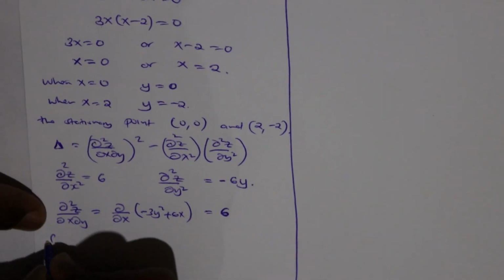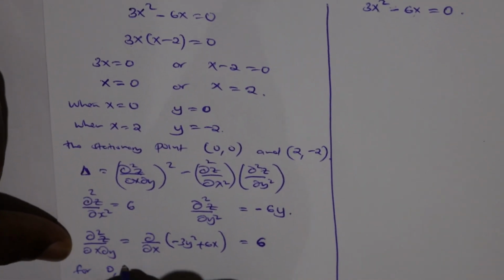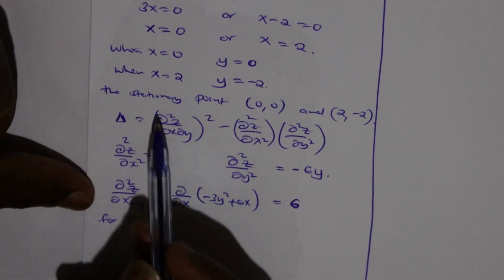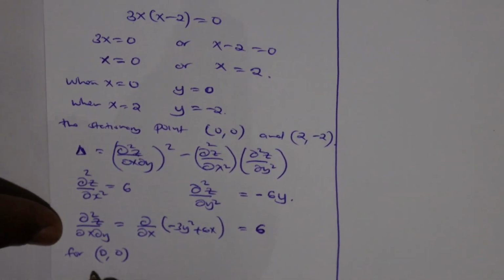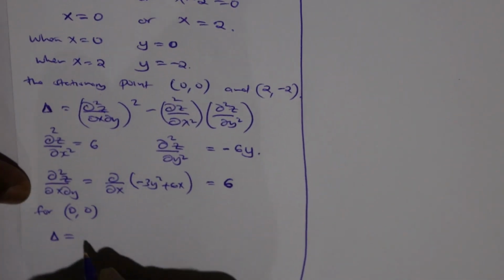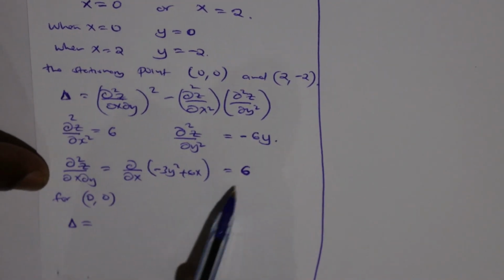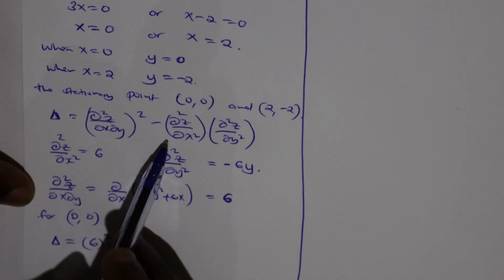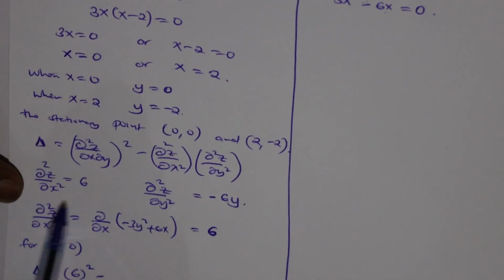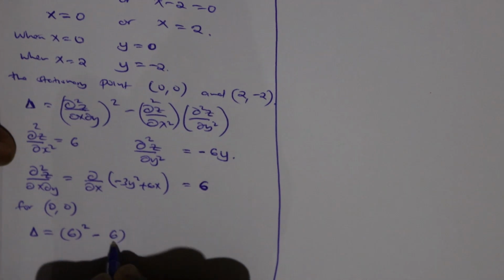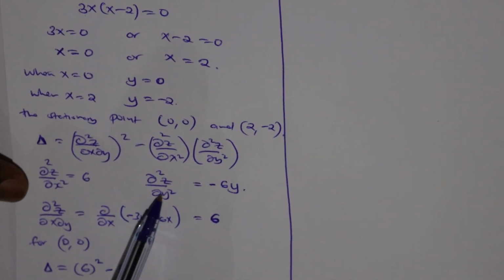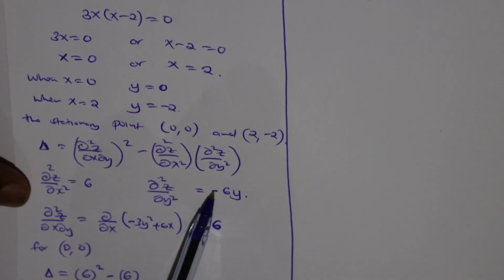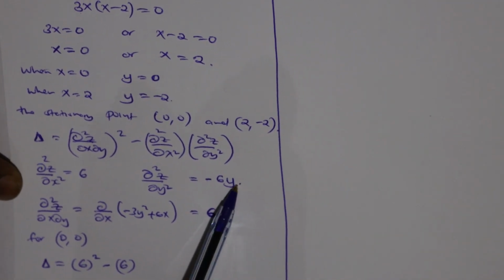Now, we solve it for the 2 points. For the point 0, 0, what is our value here? Our value is 6. So 6 squared minus d squared z dx dy gives us 6. Then d squared z dy squared, we shall have negative 6y.